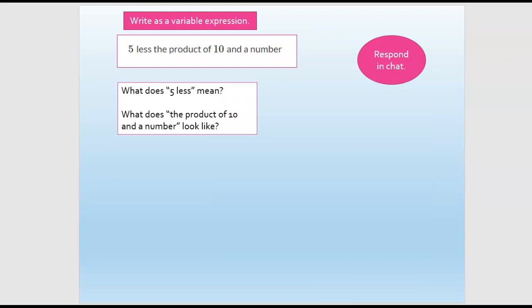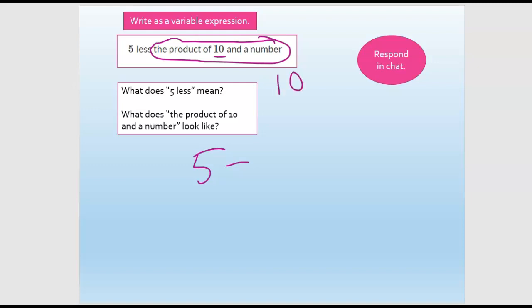All right, let's look at another one. 5 less the product of 10 and a number. So look at this whole part of the section as one thing. 5 less than, not less than, 5 less that whole thing. 5 less means 5 minus that whole thing. Product means multiply. So you're multiplying 10 and a number.